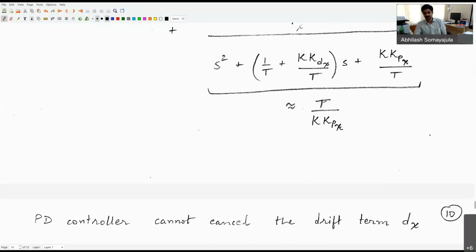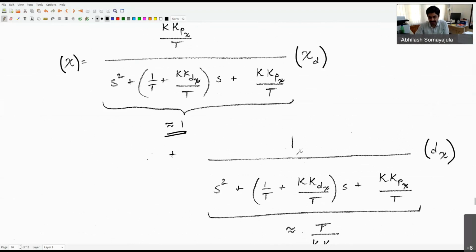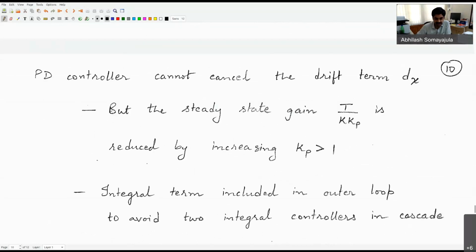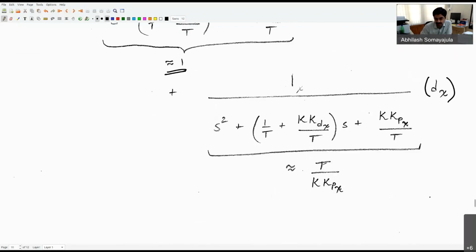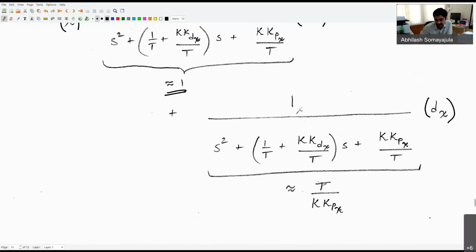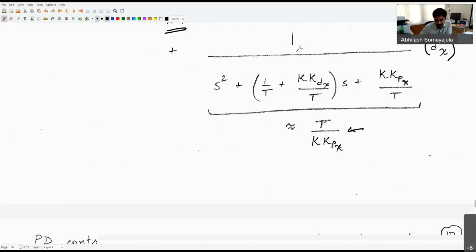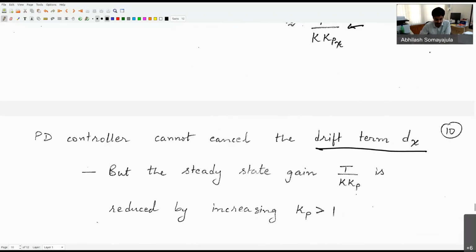Okay, so one quick thing to notice here is that with the PD control, we cannot cancel out the drift term. This term doesn't go to 0, but we can make its value small, so its effect can be reduced as this value of T by K times Kp is made bigger and bigger. Sorry, is reduced.